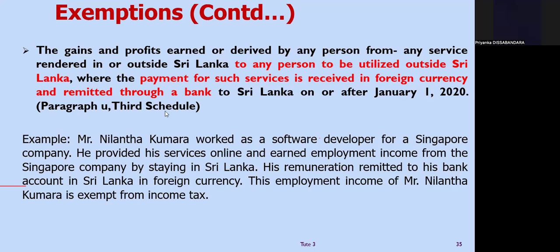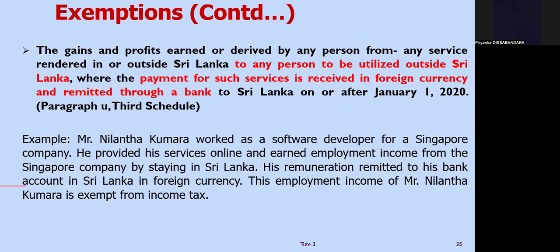That means we can serve any person who is outside Sri Lanka, but the service can be rendered in Sri Lanka or outside Sri Lanka. But the service recipient should be in another country other than Sri Lanka, and the service should be utilized by that other person outside Sri Lanka.